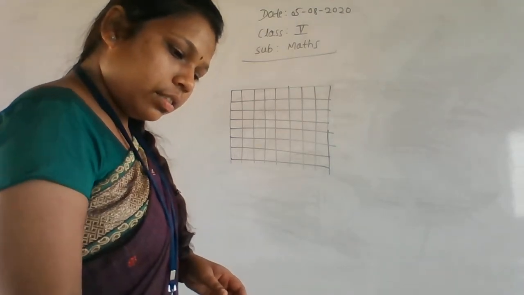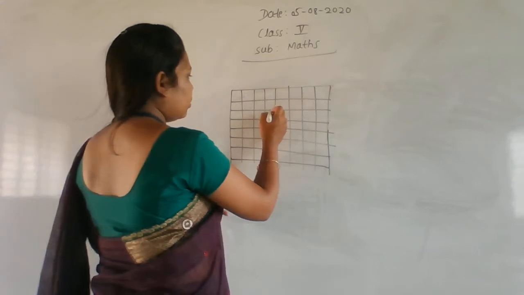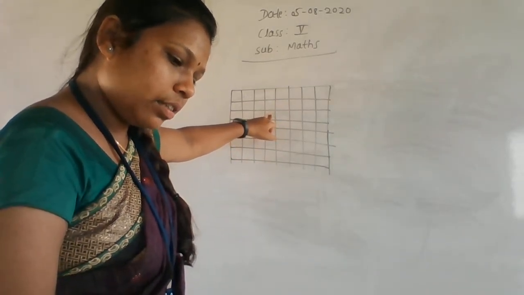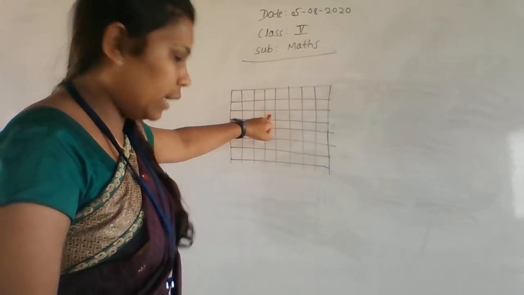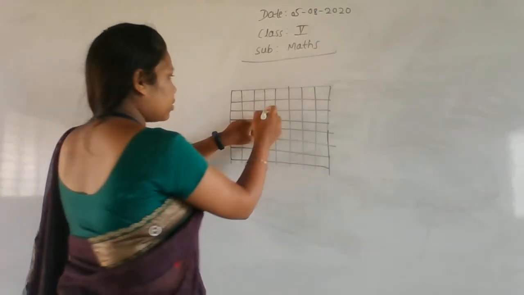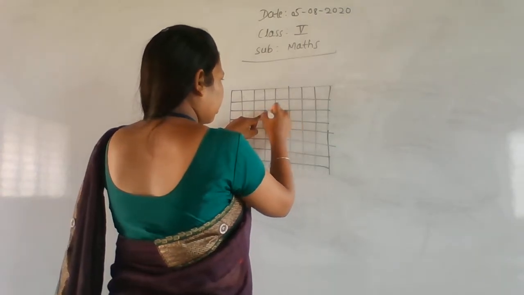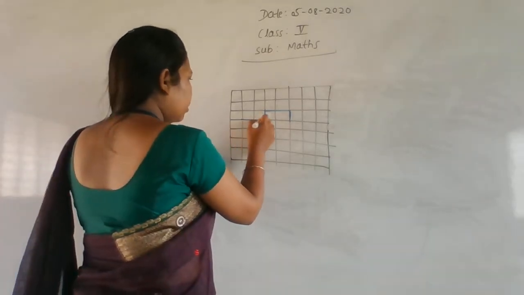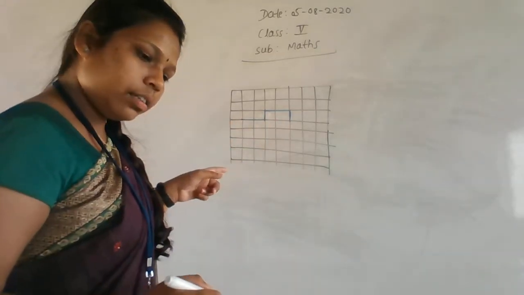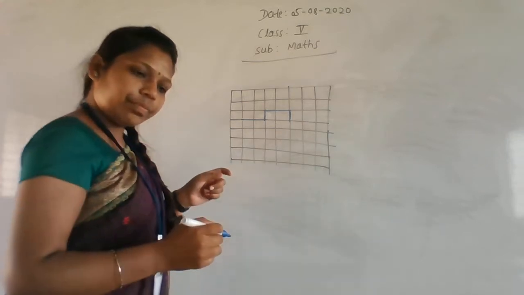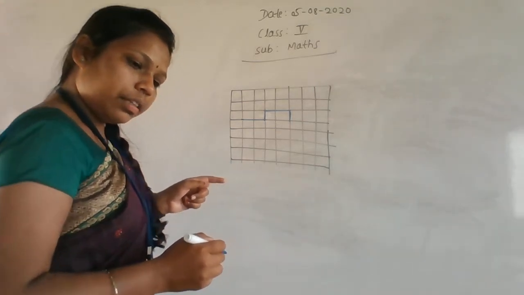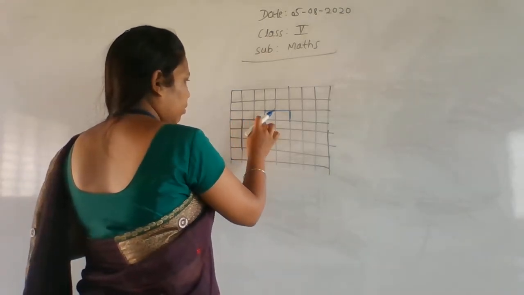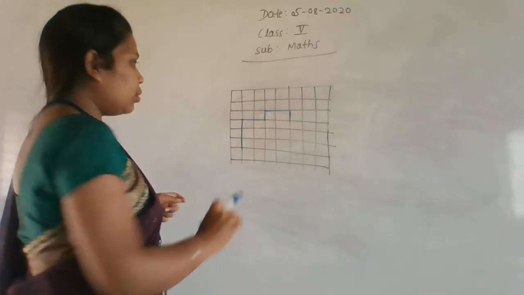Next, the second column. And the column is 1, 2, 3. For this column, they have taken like this. And next, how much did they take here? These two. And after that, below 3. Sorry, this is a 2, right?